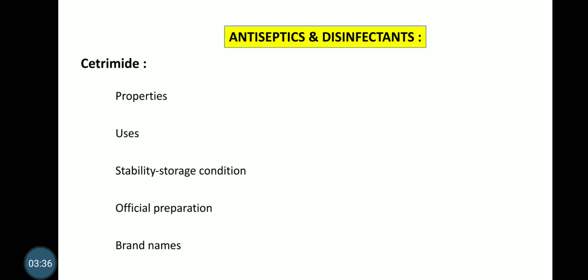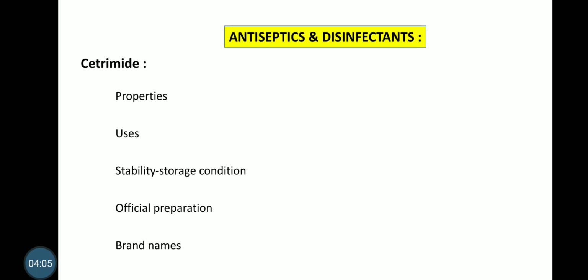Uses: in the form of cream, it is used for cleansing of wounds and burns, to disinfect vessels, apparatus, utensils, etc., as a preservative, and in emulsions, cetrimide is used as an emulsifying agent. Particularly, it is used in O/W type of emulsions.